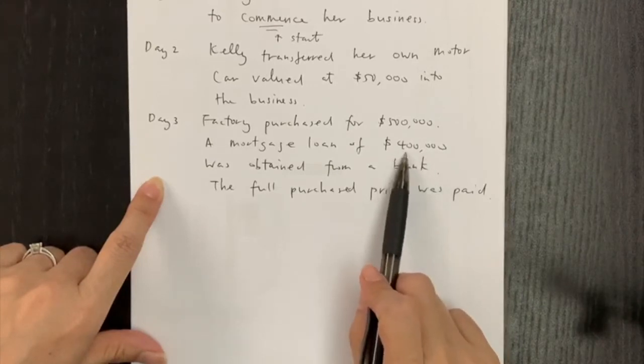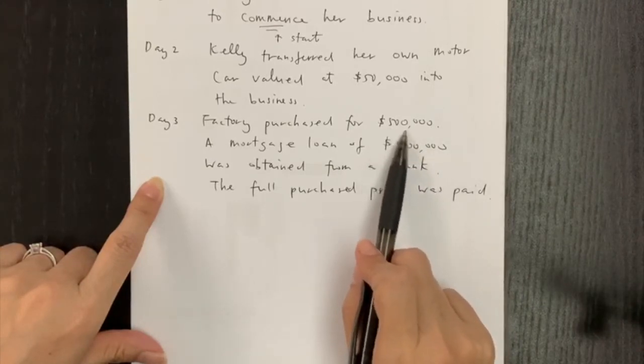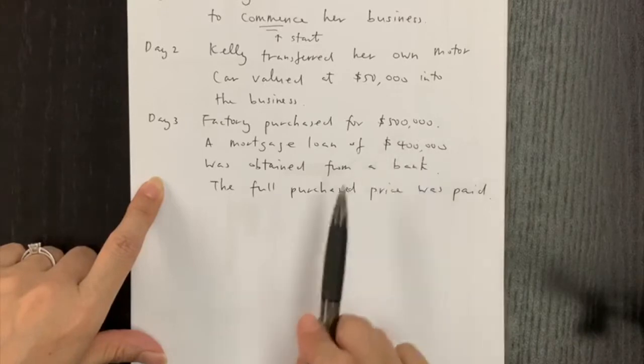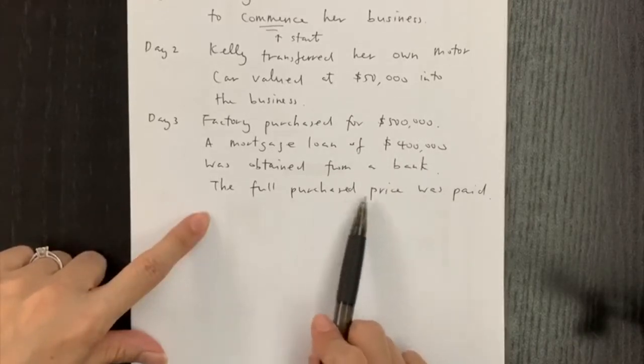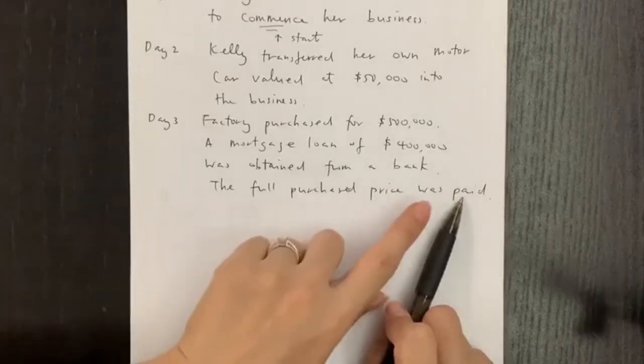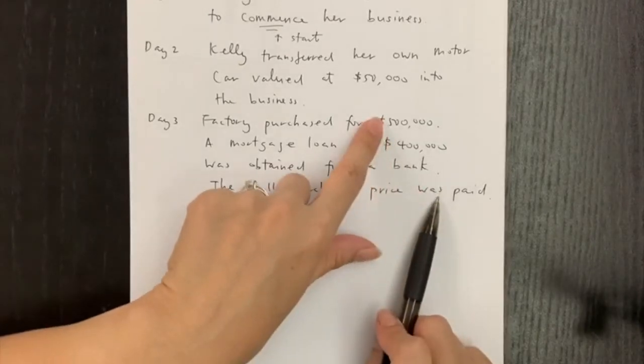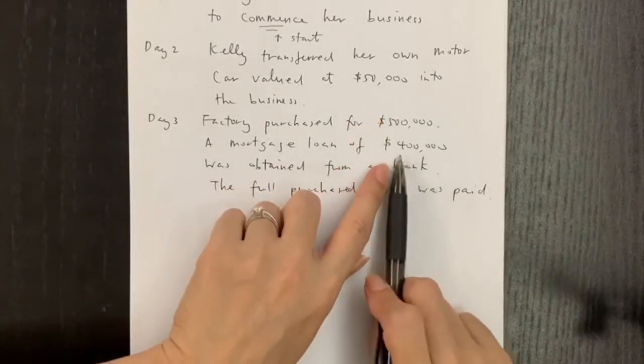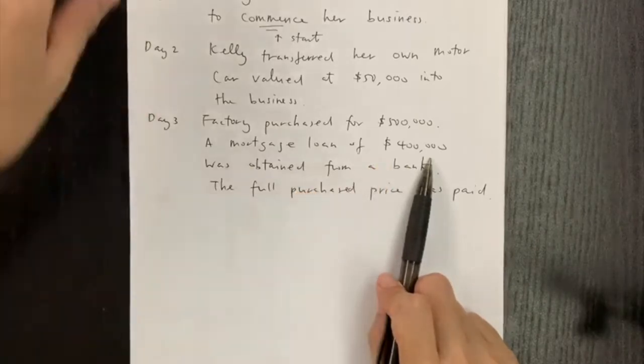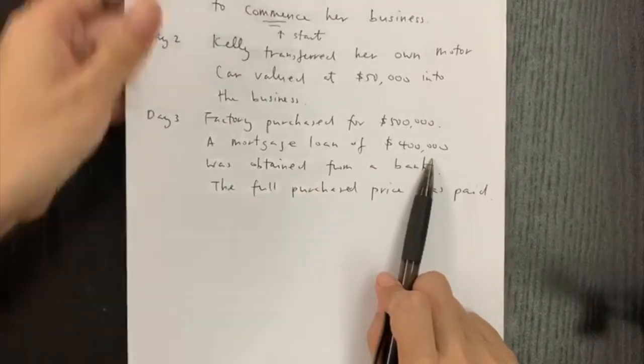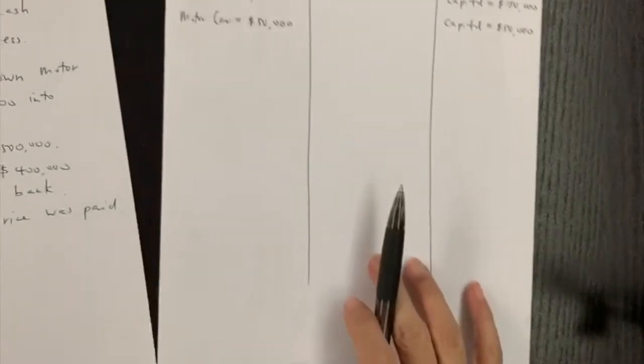However, you can see this 400,000 is not enough to cover this 500,000. Then what happened? The full purchase price was paid. So how much was paid to settle the purchase price? 500,000 minus 400,000, which is 100,000.